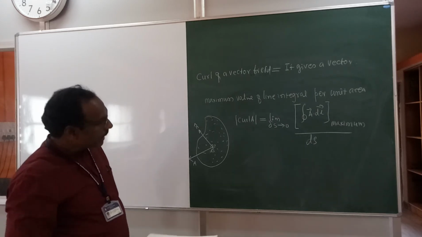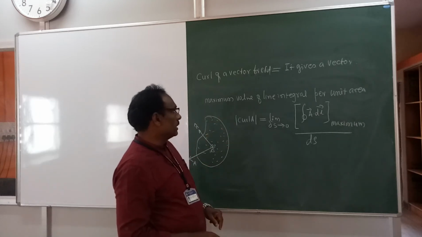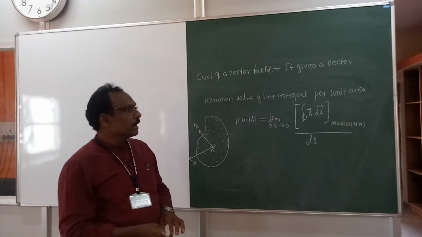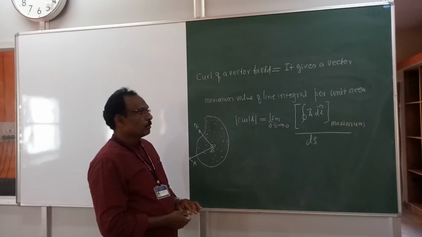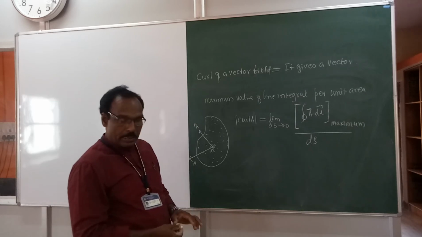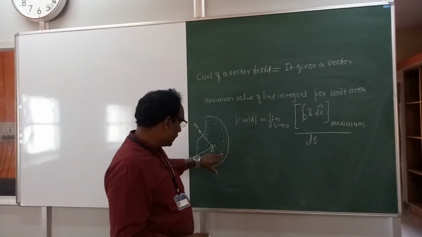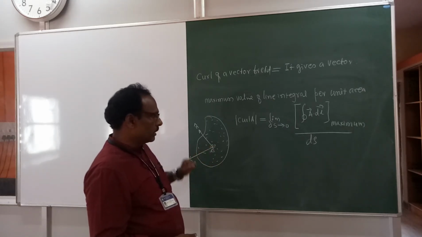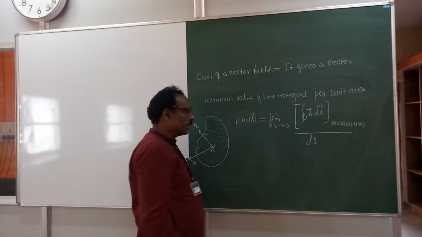Let me explain this. We have written mathematically, curl of a vector is a vector and it is defined as the maximum value of a line integral per unit area around a test area here, in the limit. This curl of a vector A is a vector.